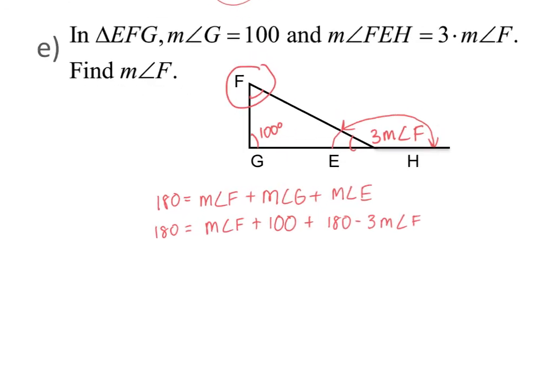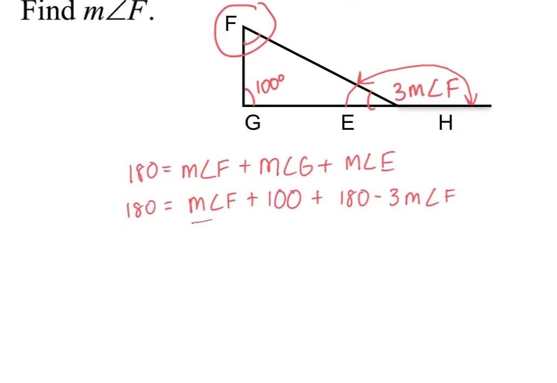Now we've got one equation, right, with one variable, which is the measure of angle F. So if we're going to solve this, it'll be 180 equals 100, let's add up the numerical portions, which are 100 and 180.